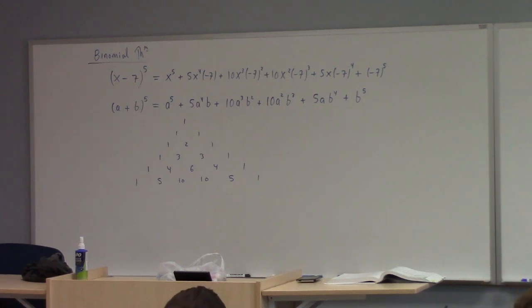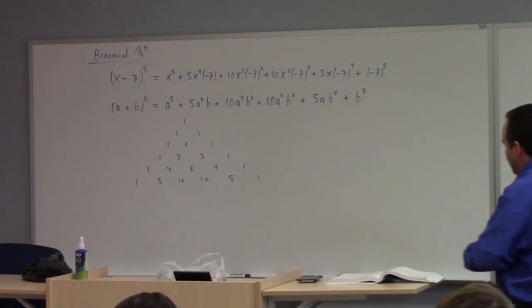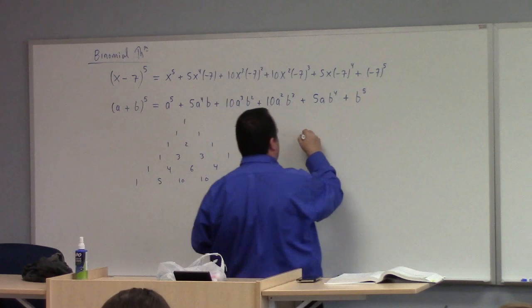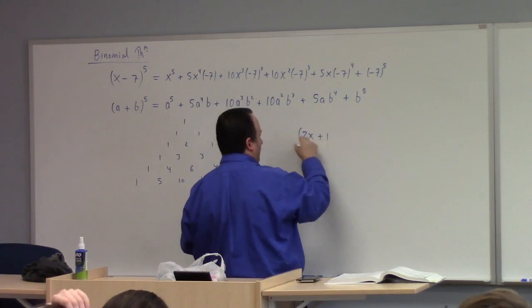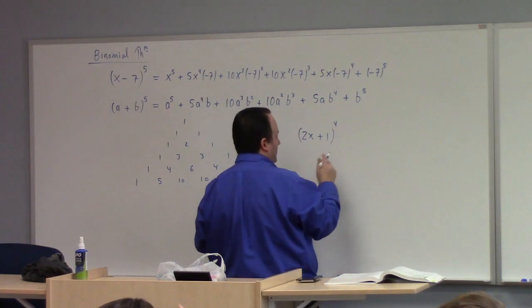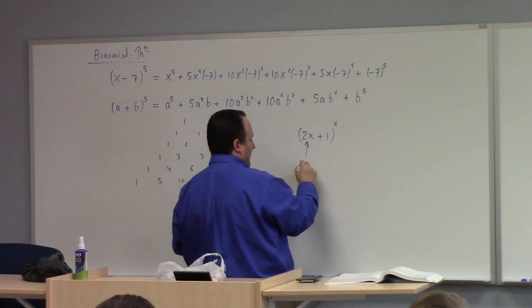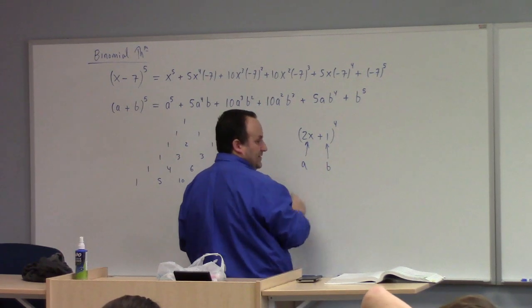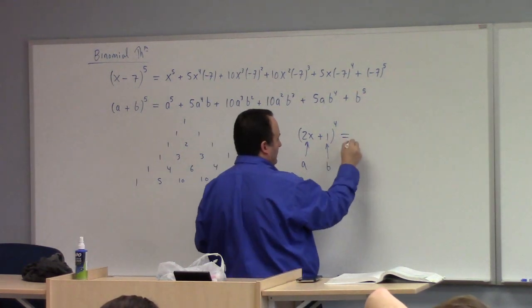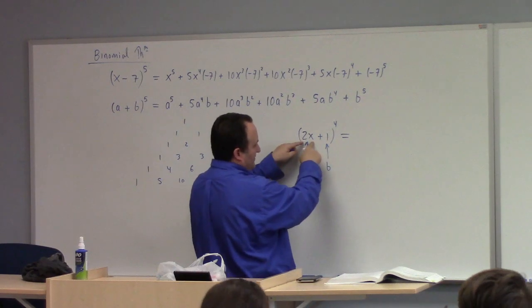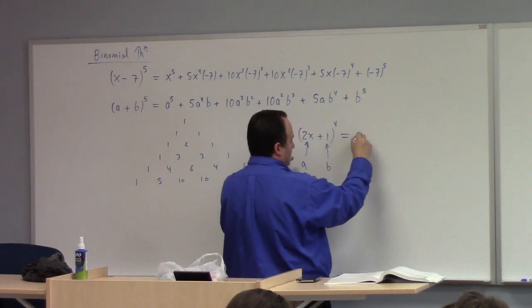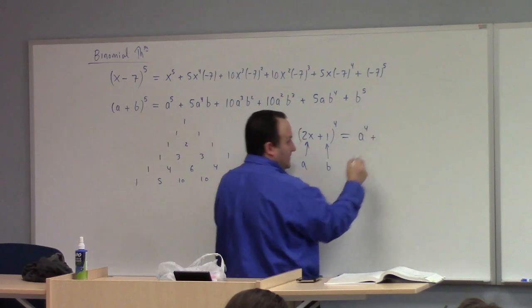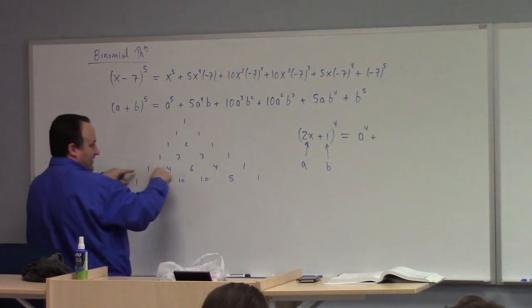With the other one, it has 2x plus 1 in the parentheses, to the 4th. So you think of 2x as being a, and 1 as being b. The way this one works is a to the 4th plus, that one would be the next line up.